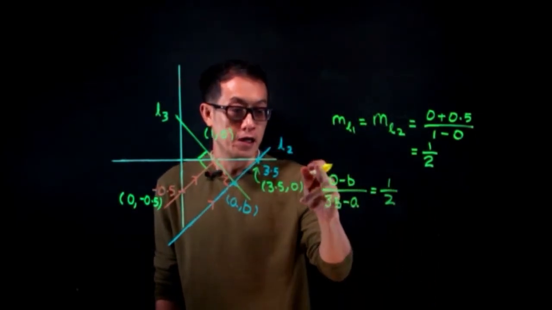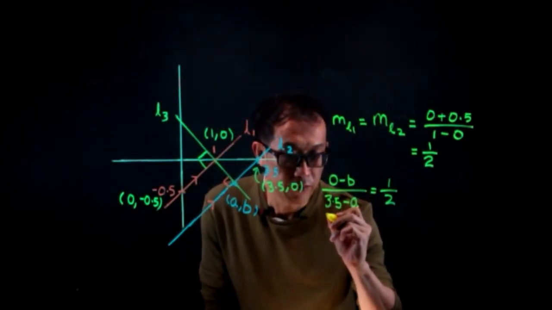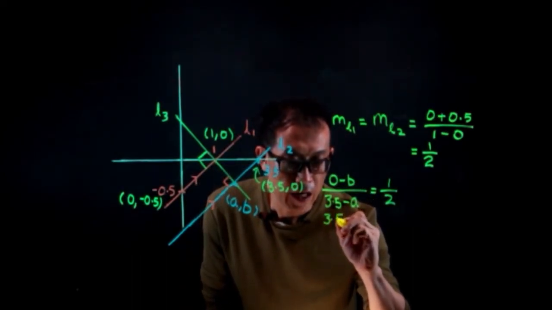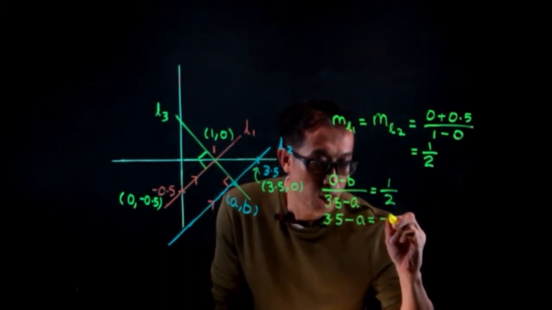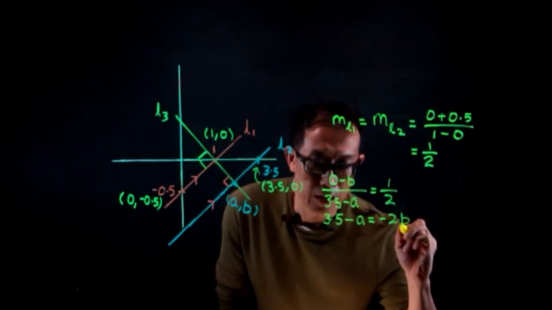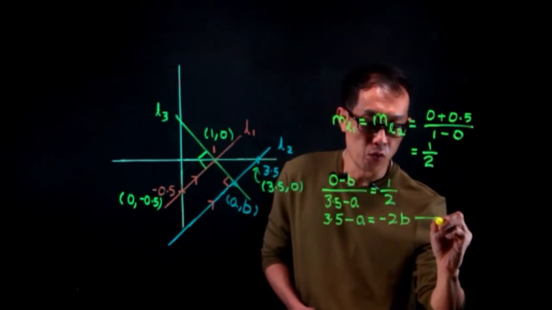Okay, and then you do a cross multiply, so you will have 3.5 minus a will be equal to minus 2b. Let's call this equation 1.